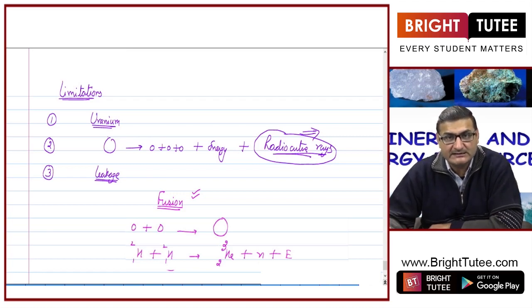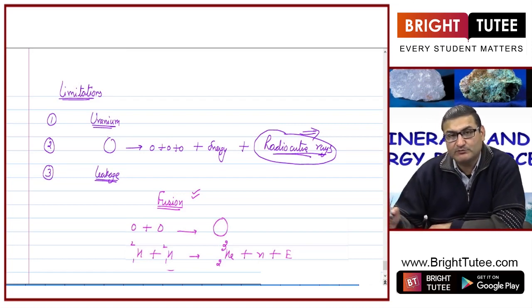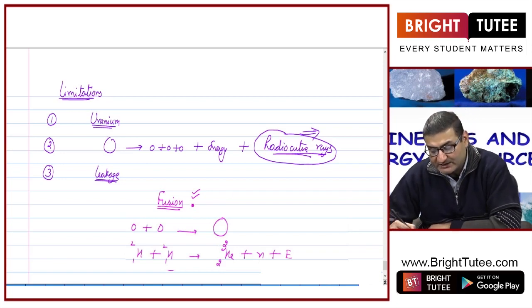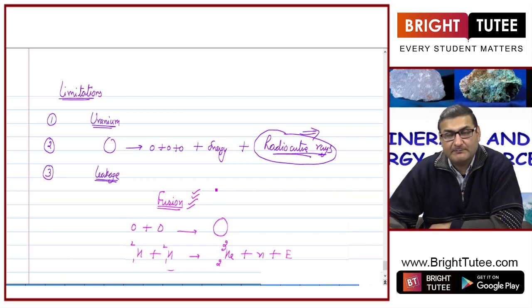But the problem is, it's not so simple to make these hydrogen atoms undergo fusion, because this process requires millions of degrees of temperature and millions of pascals of pressure, and this is the major drawback, that till now we have not been able to control this particular fusion process in a peaceful way.